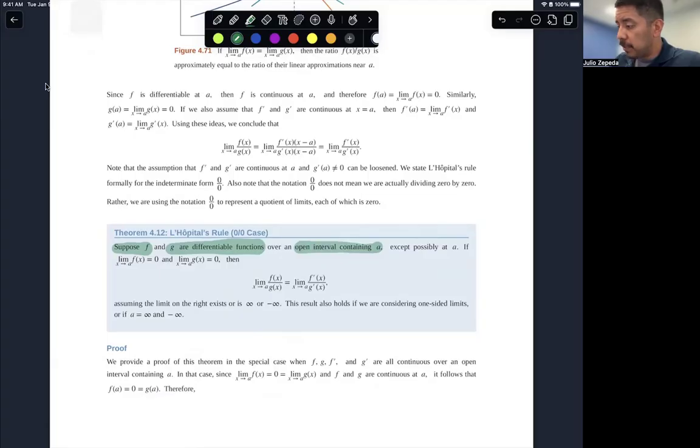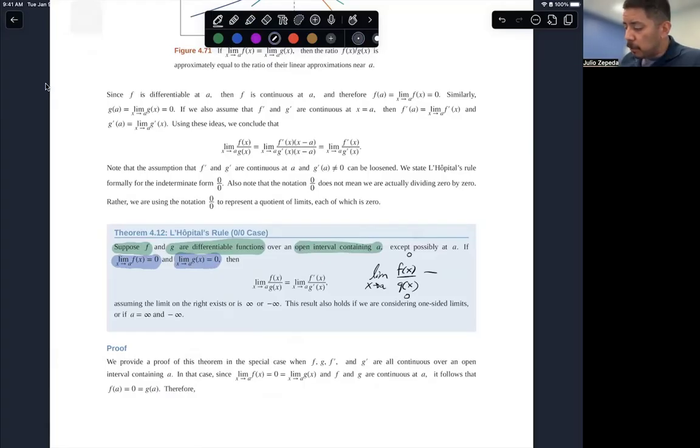If, and here's the important part, the limit as x approaches a of f of x is 0, and the limit as x approaches a of g of x is 0, then, and I'll write this other part out, what's the limit as x approaches a of f of x over g of x? Well, it seems like it should be 0 over 0, and that's the form that we end up getting when we do direct substitution.